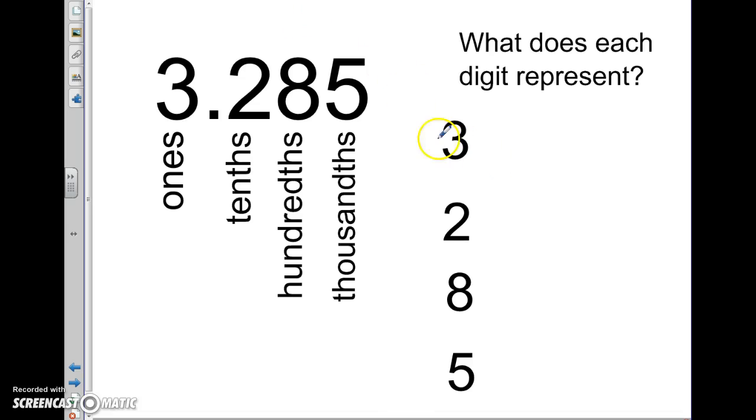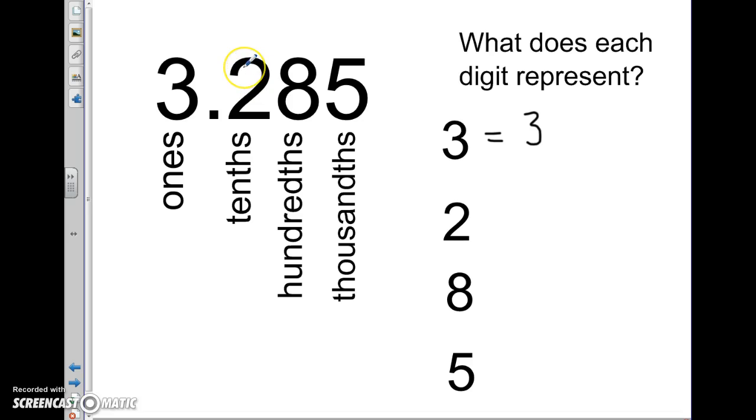I look over here, and here's the 3, and it is immediately to the left of the decimal point, so it's in the ones place. If I have 3 ones, that just gives me 3, right? Just normal old 3. And if I look at this 2, what is the value of the 2 in this number?